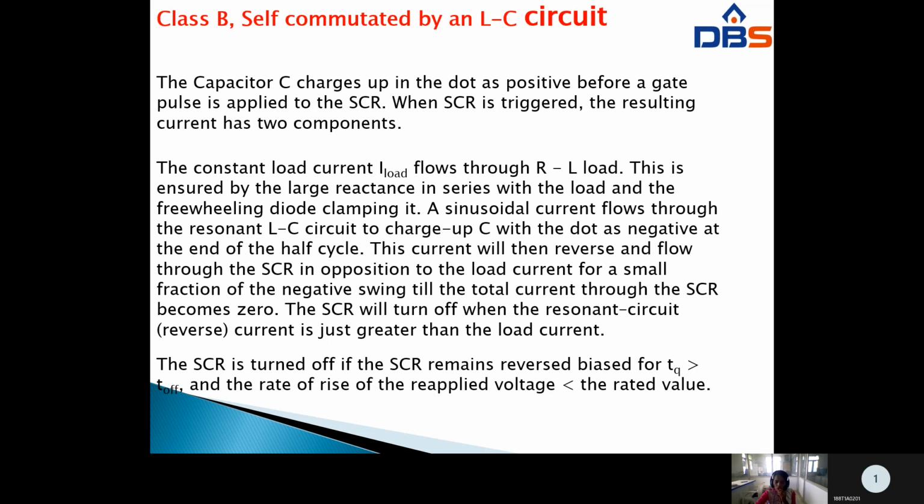It is in opposition to the load current for a small fraction of the negative swing, till the total current through the SCR becomes zero. The SCR will turn off when the resonant circuit current is just greater than the load current.